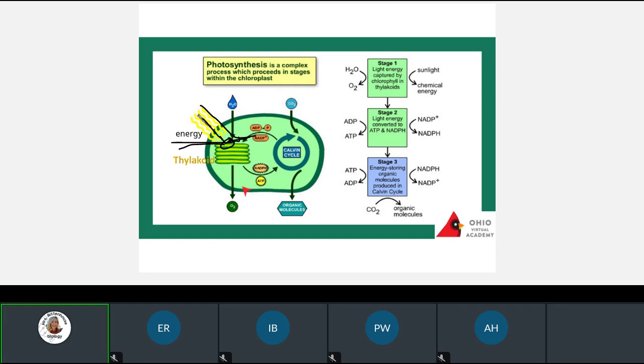So after step one, coming out of the thylakoid, after that water is here, the energy comes in, the thylakoid captures it, and these molecules are hanging out waiting for that energy from the sunlight to be refracted. And then they're like dibs, right? And we make ATP and we make NADPH.